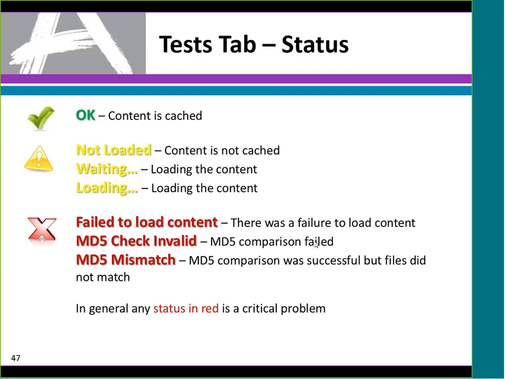Either it was a failure to load content from Pearson, maybe the comparison check never ran and it failed out, or the check ran but the data didn't match. So those are the 3 things that typically end up with those red X's.